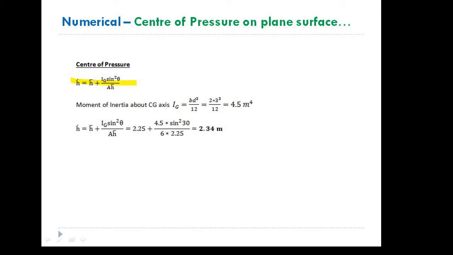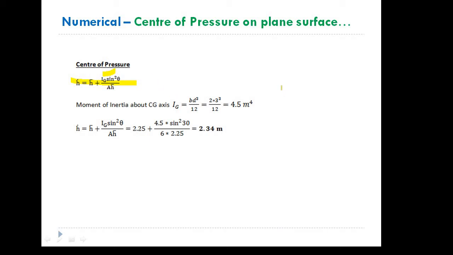So what is the unknown parameter here? H bar is known, we have found out h bar. Theta is known, A is known. The only unknown is Ig. Ig is the moment of inertia of the planar surface about the center of gravity, or axis passing through the center of gravity.